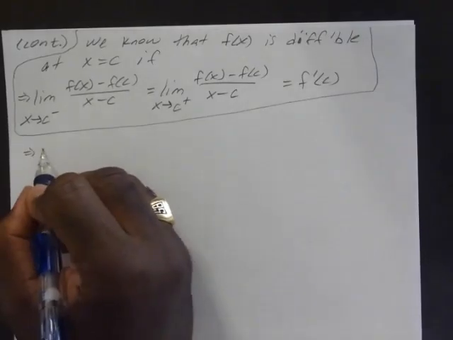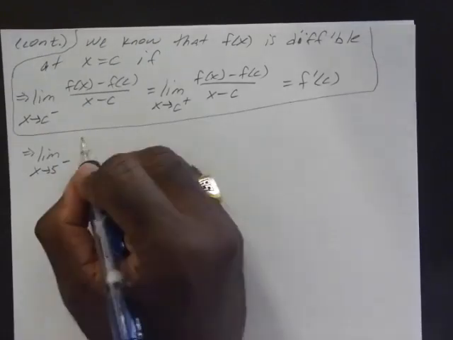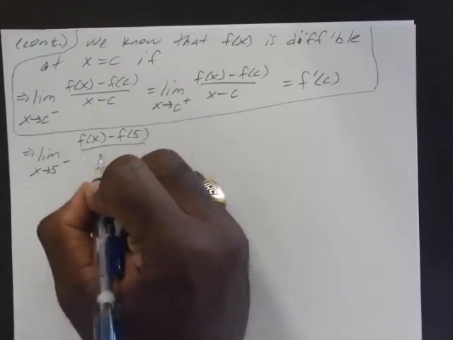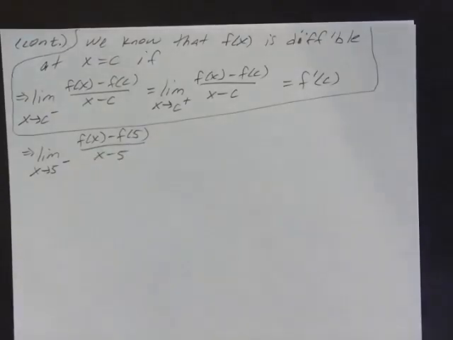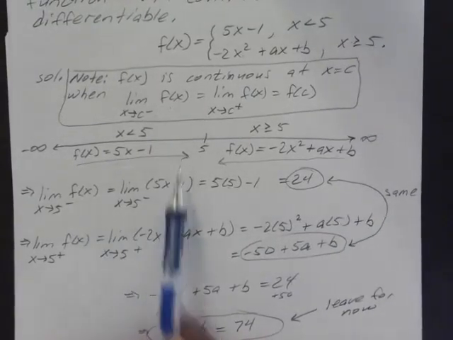Okay, let's look at the limit as x approaches 5 from the left of f of x minus f of 5, all over x minus 5. So if we go back to the previous page, we can see that we already know what the value is when you plug in 5 from the left.